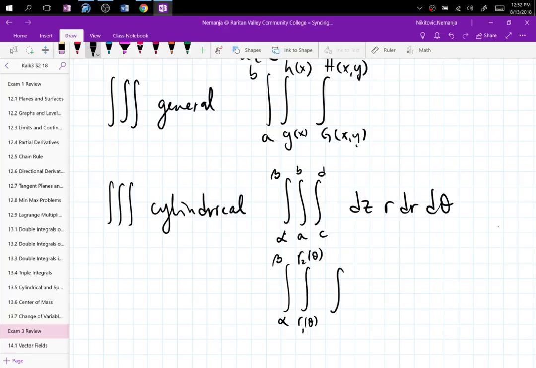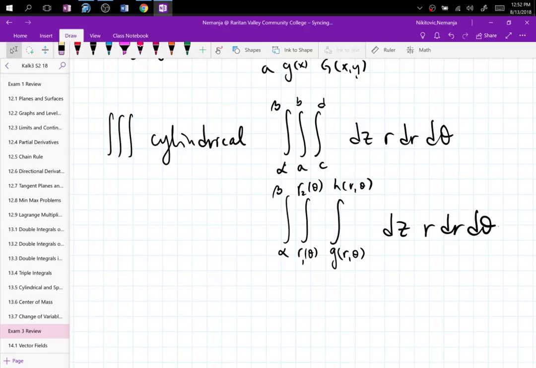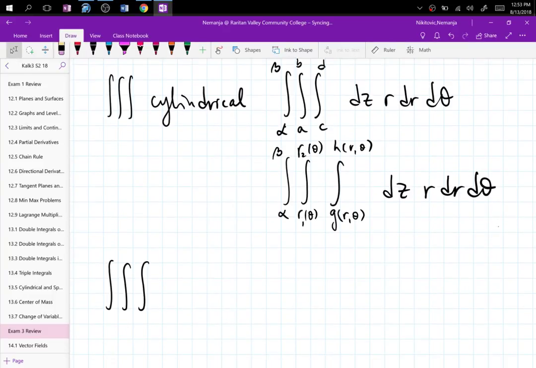And then over here, you have that it's z, so this is some function g of r and theta, and h of r and theta, and then you have your dz, r, dr, d theta, right? So you have the cylindrical, but you have the general and this one. And the same thing you have for spherical, because if you are dealing with rectangular spherical, you're just doing the ball. But you know that can be all other shapes.